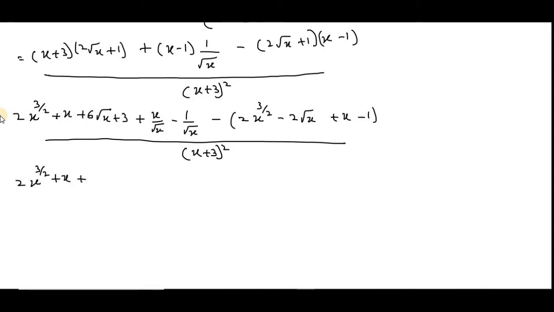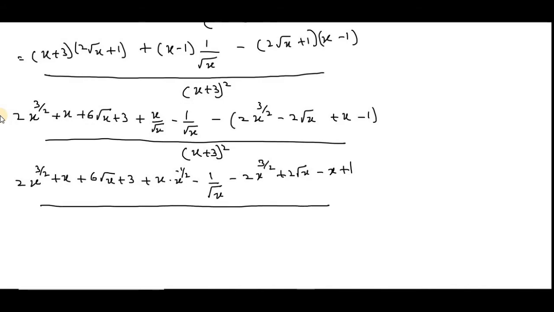Now 2x^(3/2) plus x plus 6√x plus 3 plus x into x raised to power minus 1 by 2 minus 1 by √x minus 2x^(3/2) plus 2√x minus x plus 1, whole divided by (x + 3) whole square.